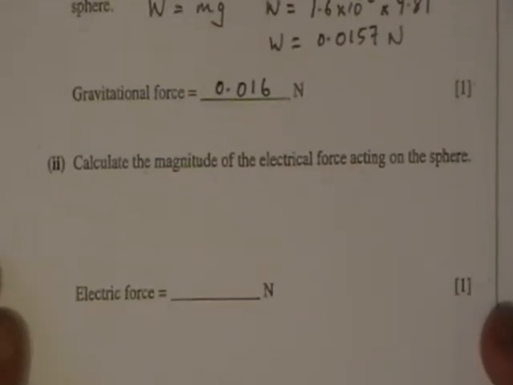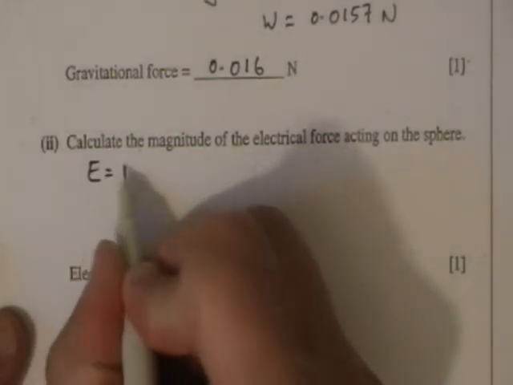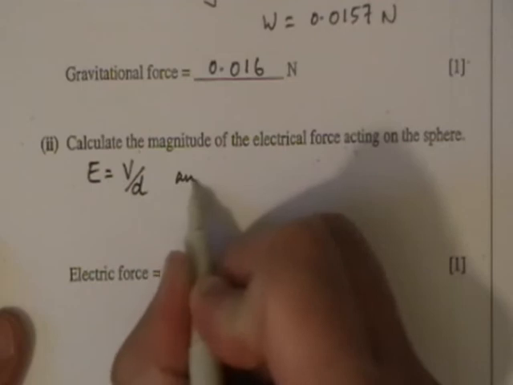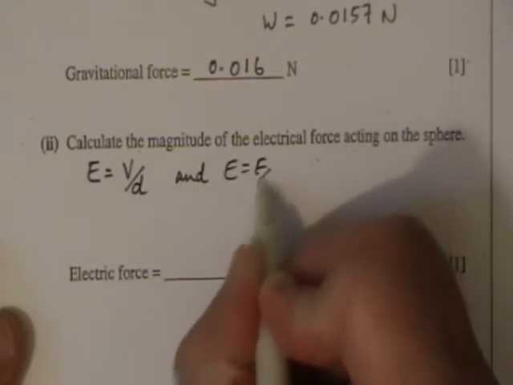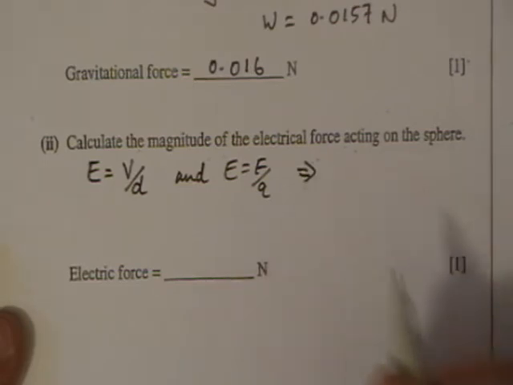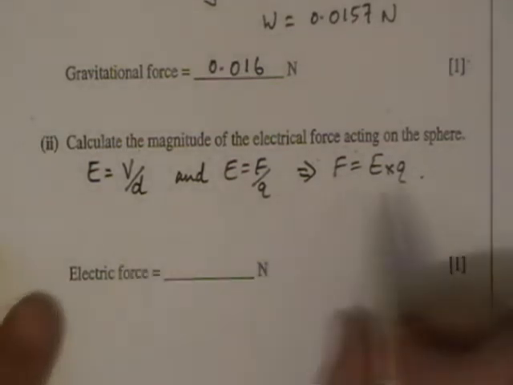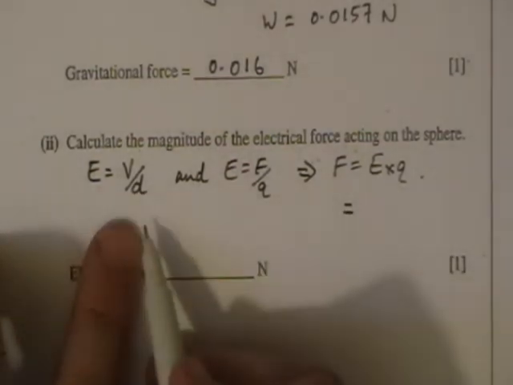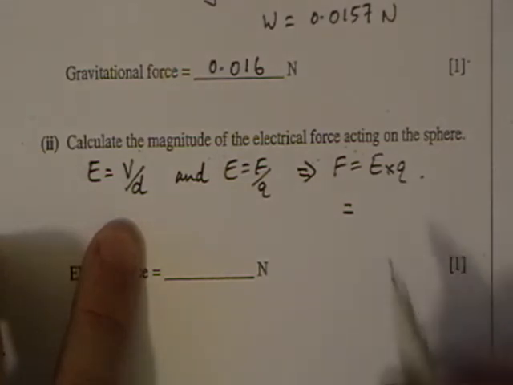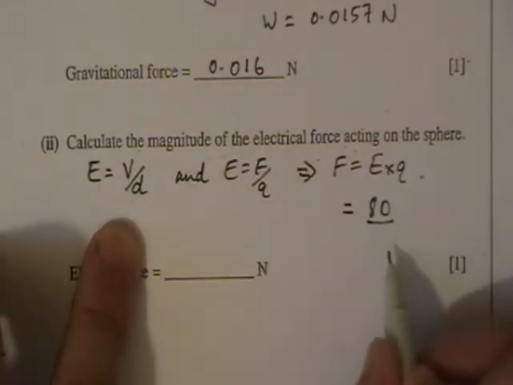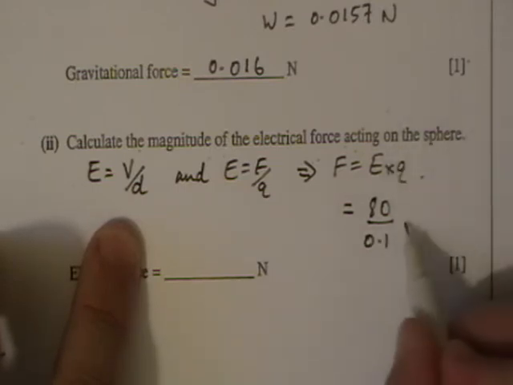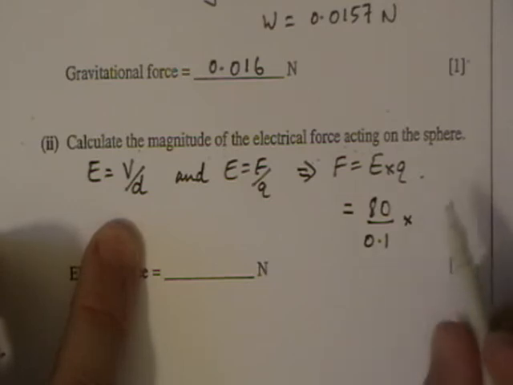Then calculate the magnitude of the electrical force acting on the sphere. Well, E is equal to V over D, and E is equal to F over Q. So when we combine both of those together, F is equal to E times Q. E is equal to V over D, and the V was 80 volts, so it's 80 divided by 100 millimeters, so that's 0.1 of a meter, times the charge, which was 2 microcoulombs, so that's 2 times 10 to minus 6.